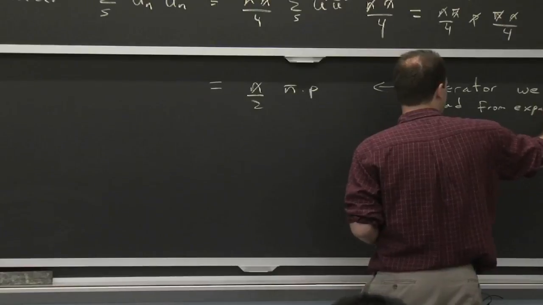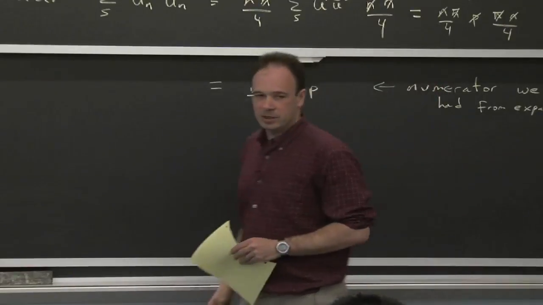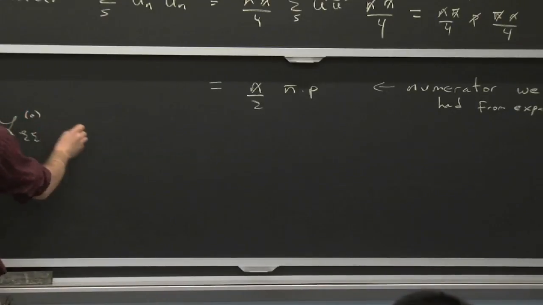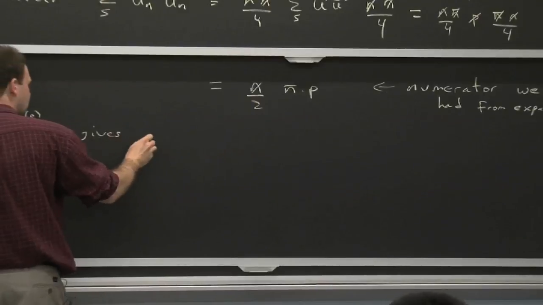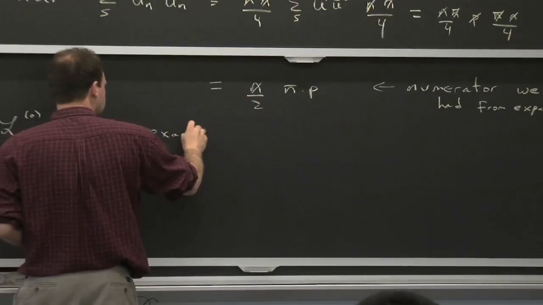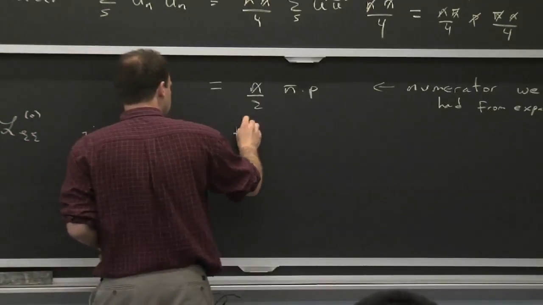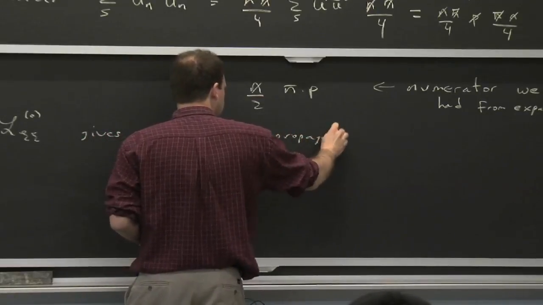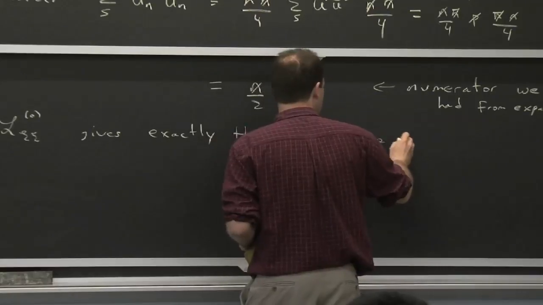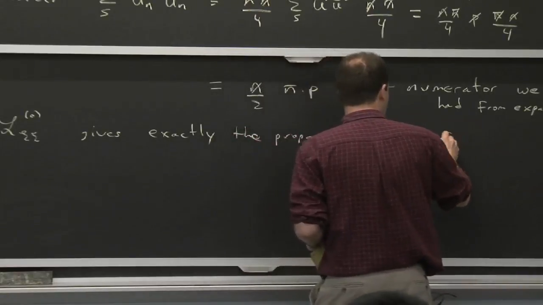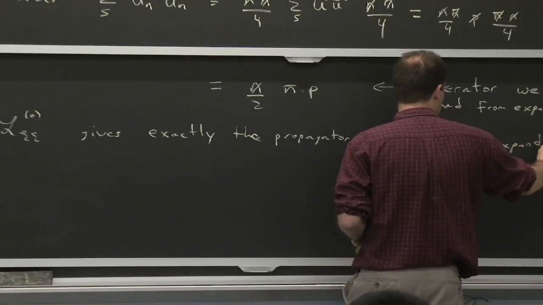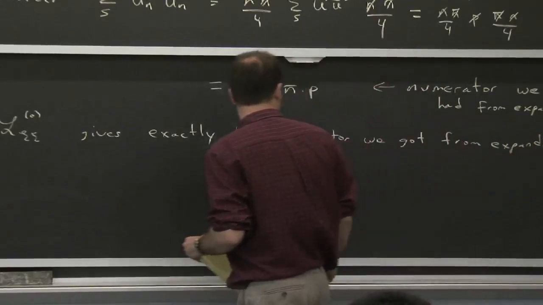If we take this Lagrangian and we work out what the propagator is, we get exactly the propagator we got from expansion. So quantizing LC0 gives us that propagator.